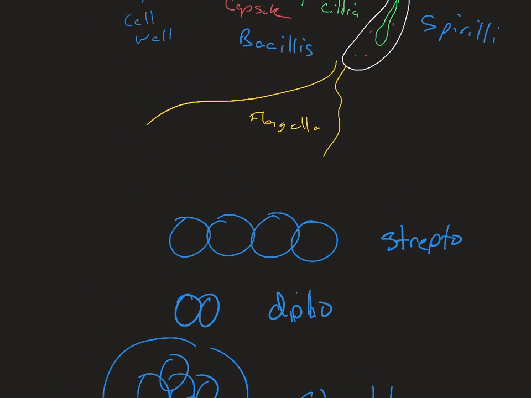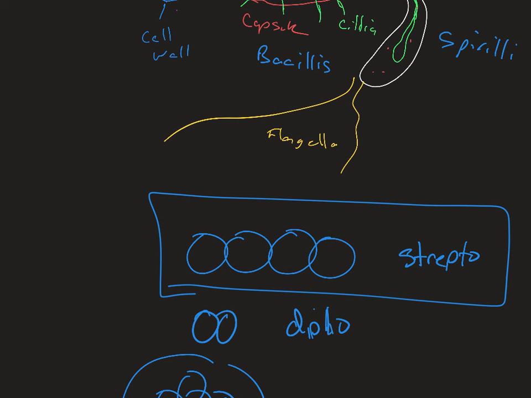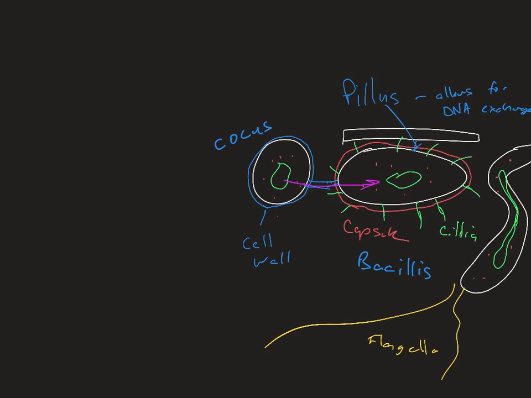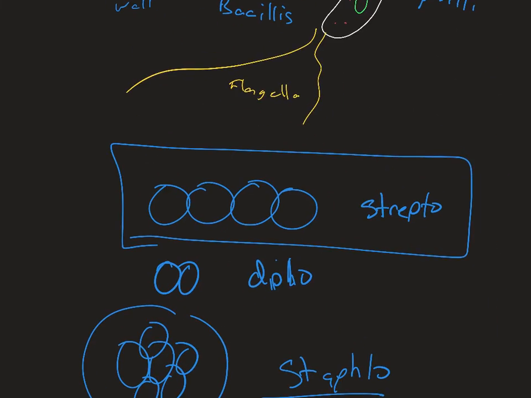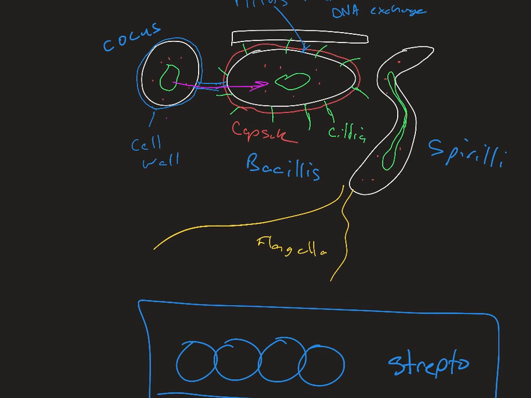How about strep? Have you guys heard of strep throat? Yes. Okay, what would this one be called here? Streptococcus. How about this one? It's diplococcus. What if I do this? What's this? Diplobacillus.